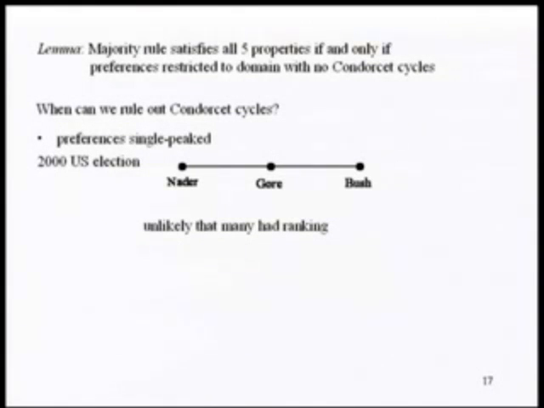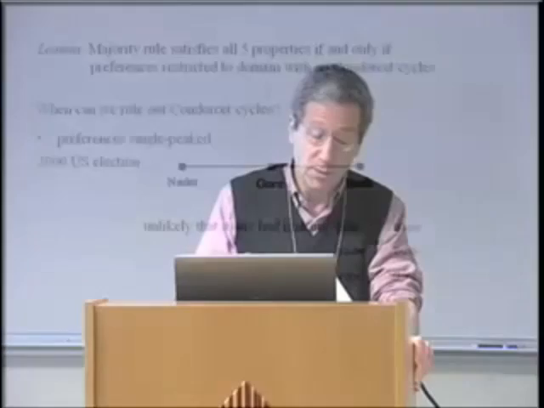It's not very likely that there are too many people who put Bush first, then Nader, and then Gore, or for that matter, Nader first, then Bush, then Gore. In fact, we have evidence suggesting that both those rankings, if they occurred at all, occurred in very small number. But that means that preferences were such that, and the formal term is single-peaked, so that Condorcet cycles are ruled out.